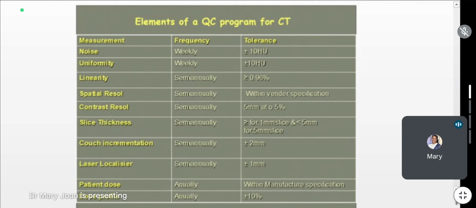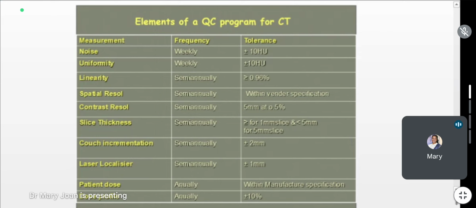So the tolerance of each of the tests: linearity could be more than or equal to 0.96, and spatial resolution should be within the vendor specification, and contrast resolution 5 mm at 0.5, and slice thickness more than 1 mm slice and less than 5 mm for 5 mm slice, and couch incrementation plus or minus 2 mm, laser localizer plus or minus 1 mm, and patient dose and dose profile could be measured annually.